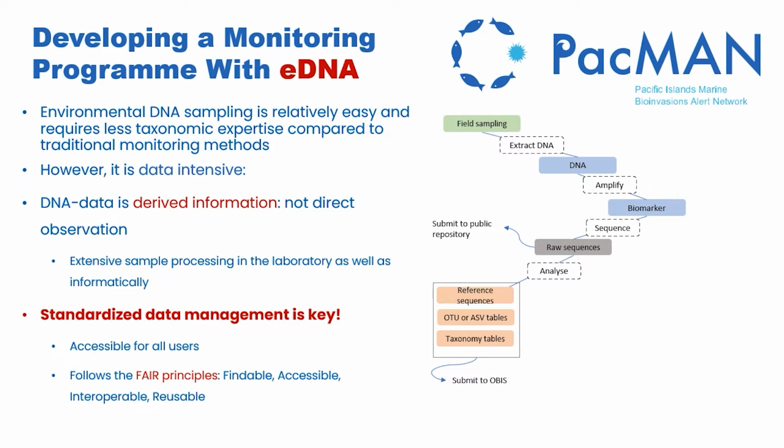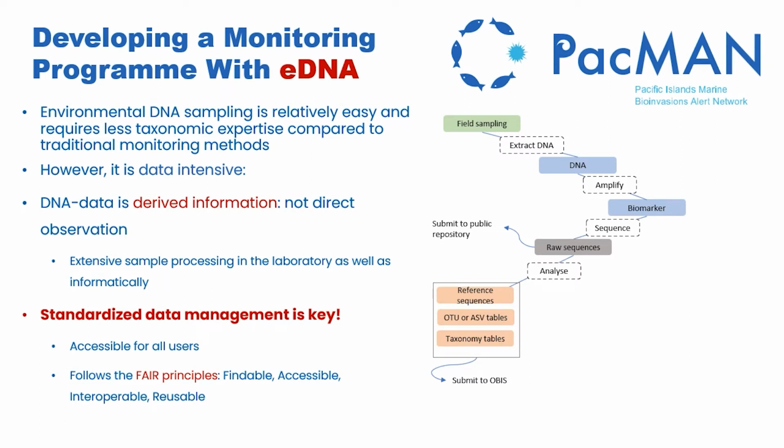This means that there's extensive sample processing in the laboratory as well as on the computer before you can get to your species lists. On the right is a typical workflow used in an environmental DNA project, including field sampling protocols, the molecular laboratory protocols, the sequencing protocols, and finally how these sequences are analyzed to get to your species list.